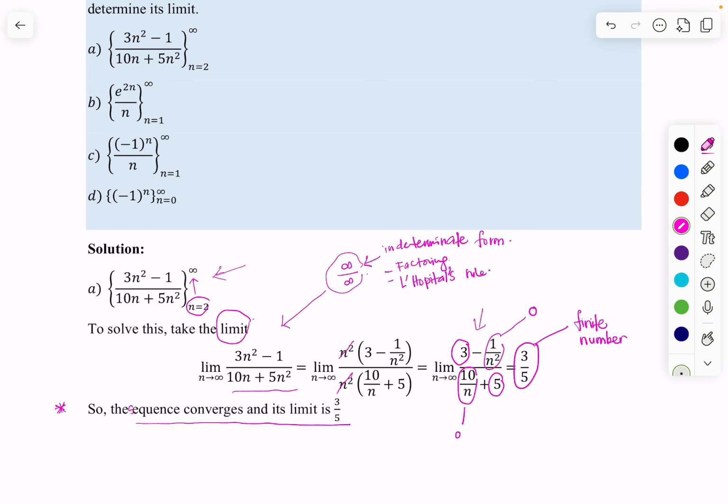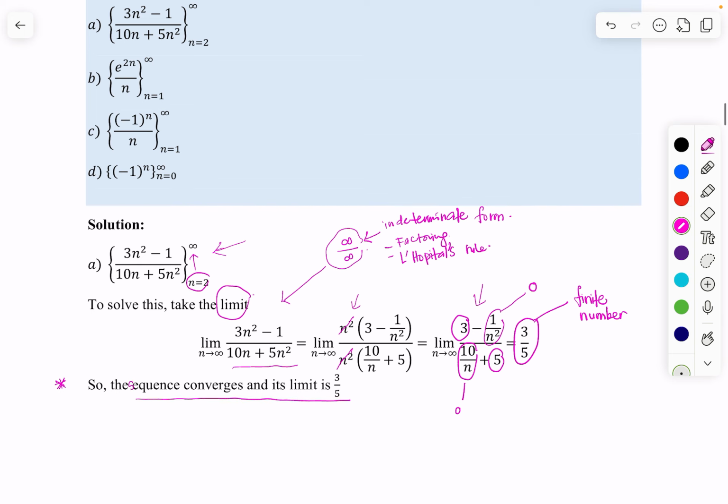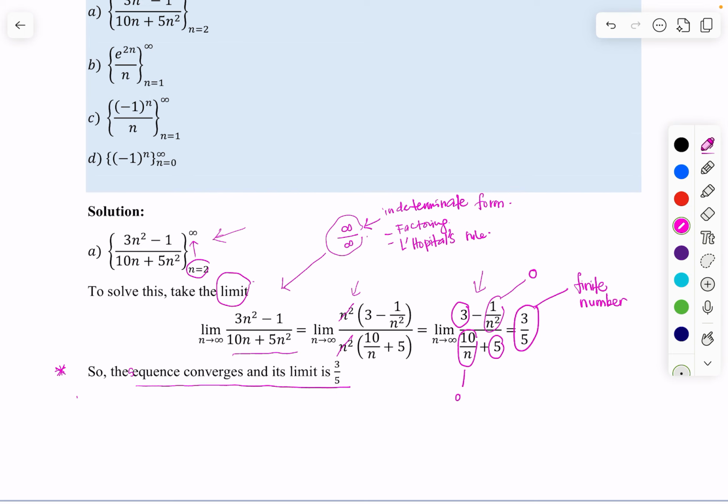Instead of using factoring to adjust the form, you can actually use L'Hopital's rule. Please recall L'Hopital's rule. I think it is also easier. If you apply L'Hopital's rule, you need to differentiate the numerator and denominator.